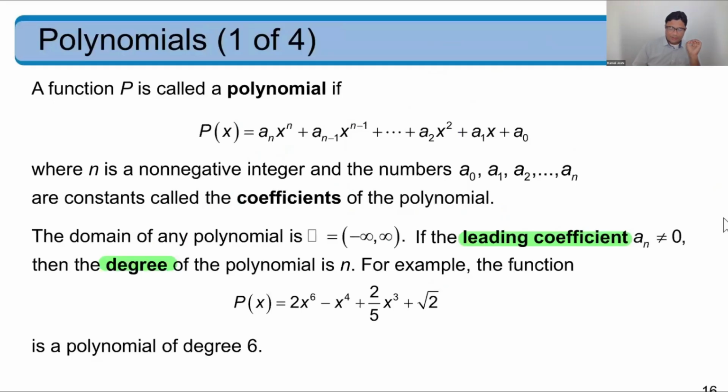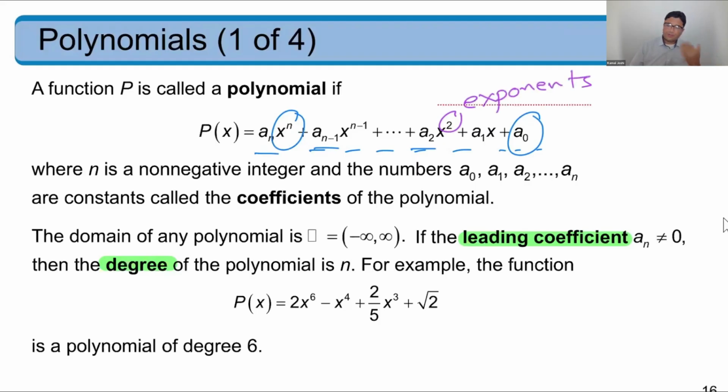A general polynomial starts with some degree n, and will have the successive terms, some of them may be missing. And at the least, you'll have a constant term. These numbers that are in front of variables are called coefficients. The numbers that the variables are raised to as powers are called exponents.